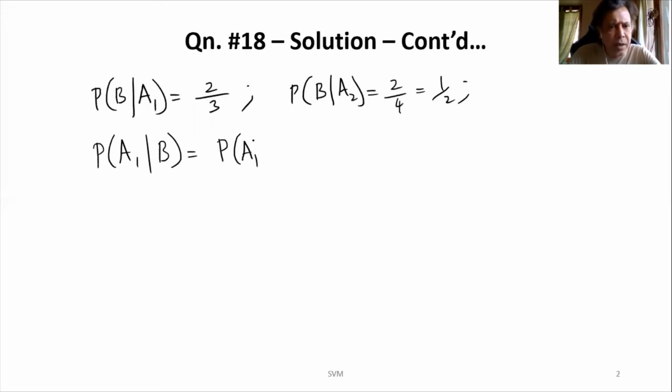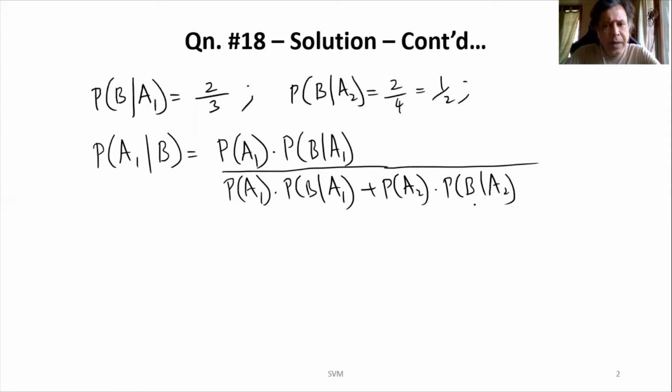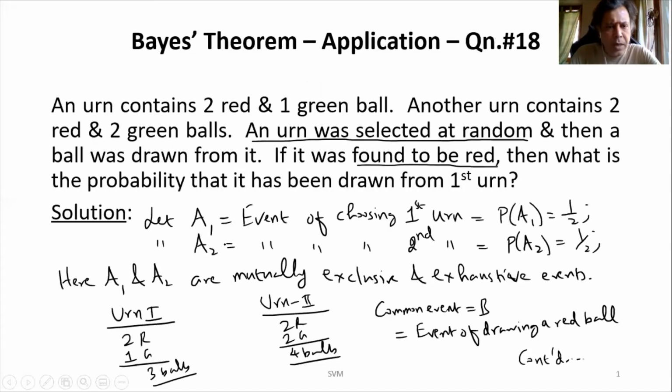It is the probability of A1 multiplied by the probability of B given A1, the whole thing divided by the probability of A1 multiplied by the probability of B given A1 plus the probability of A2 into the probability of B given A2. Now substituting the probability of A1 as well as A2, both are half and half.